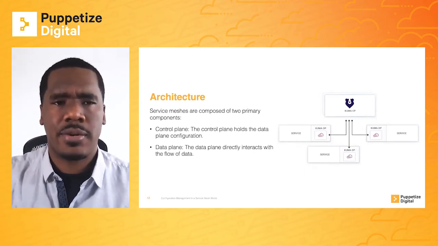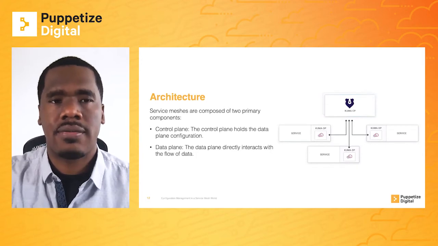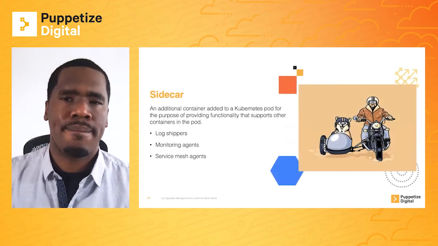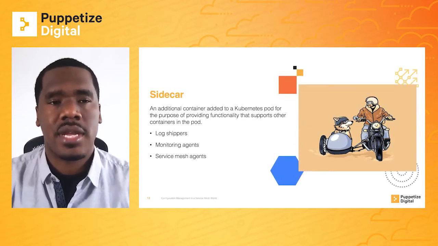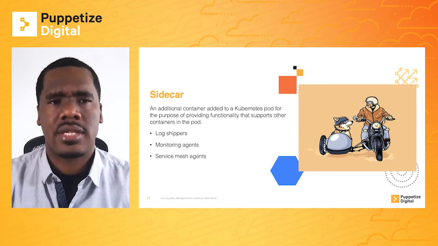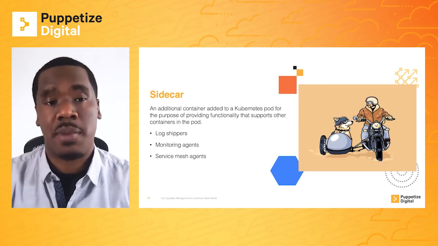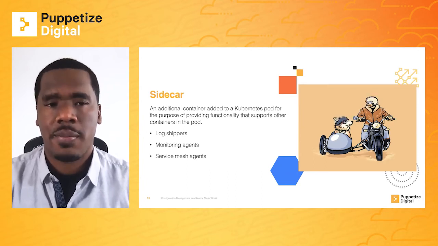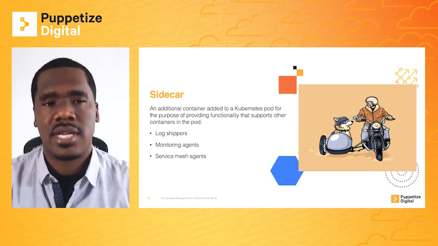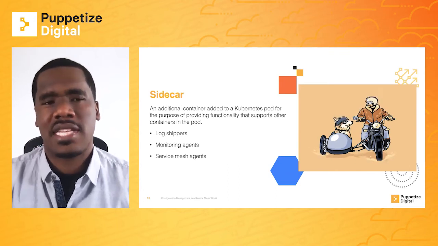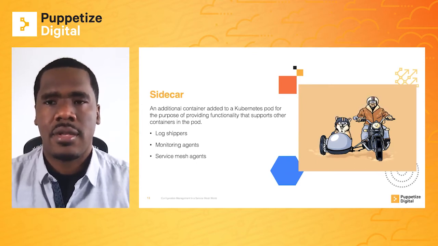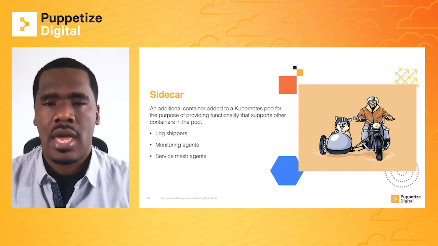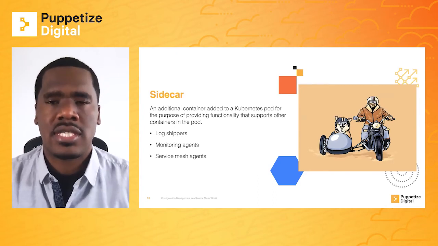So we'll delve a little bit deeper into some of the aspects of service mesh and how it actually works. So one of the big things is sidecars in the case of Kubernetes. And so a sidecar is an additional container added to a Kubernetes pod, specifically for the purpose of providing functionality that supports other containers in the pod. And so what does that even really mean? In the example of the GIF, we have the motorcycle, and the dog is in what's known as a sidecar.